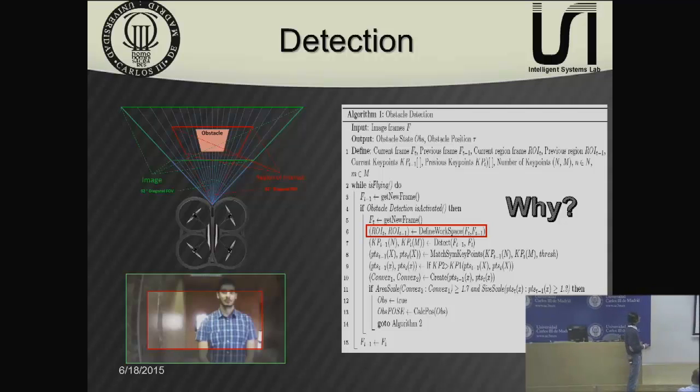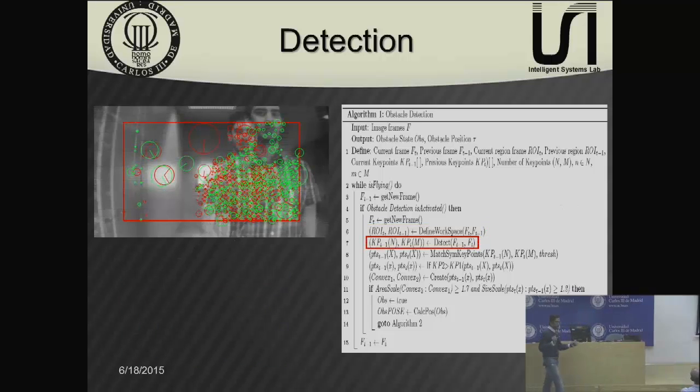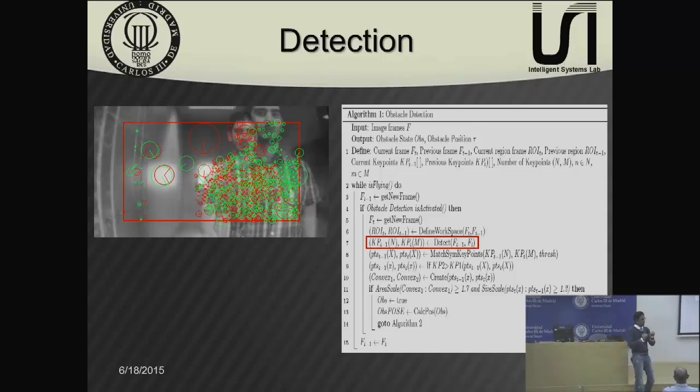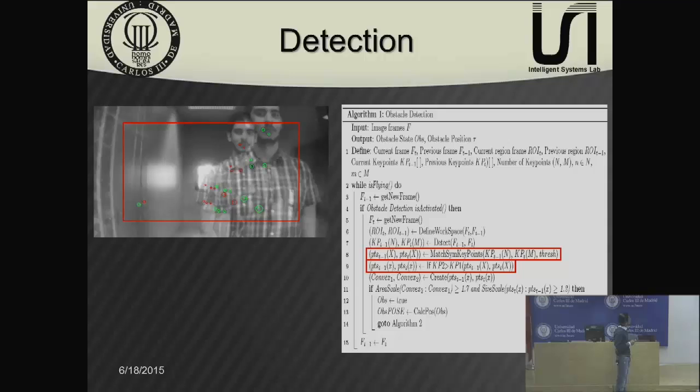Okay, so we define our workspace, detecting the key points or features between two consecutive frames, and the algorithm returns only the key points that are symmetrical in the two frames, and only if the key point in the second image is greater than the key point in the first image. So we can start to estimate that we are closing in on the obstacle.